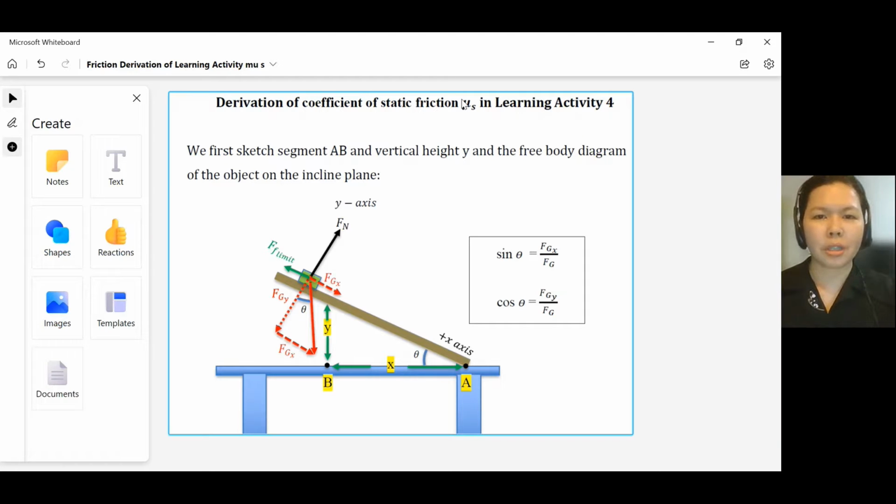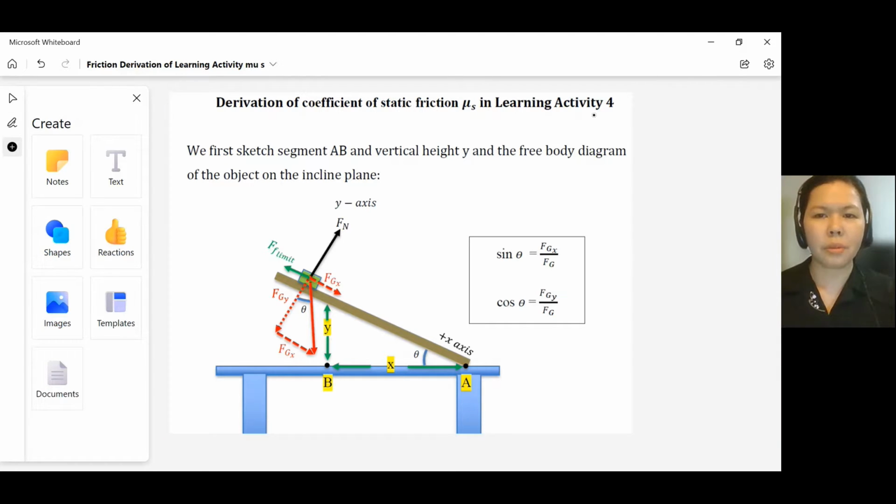Derivation of the coefficient of static friction mu s in learning activity 4. We first sketch segment AB, with horizontal length x and vertical height y, and the free body diagram of the object on the incline.